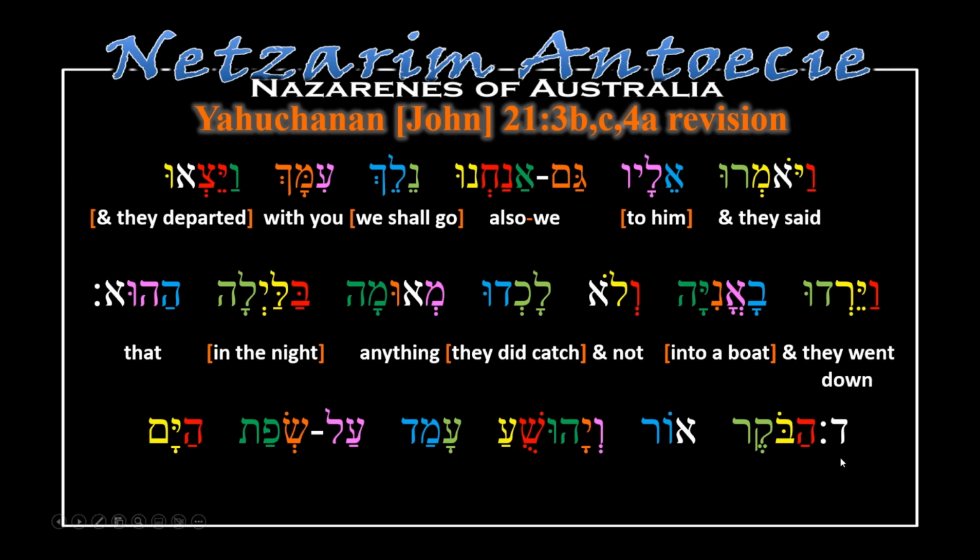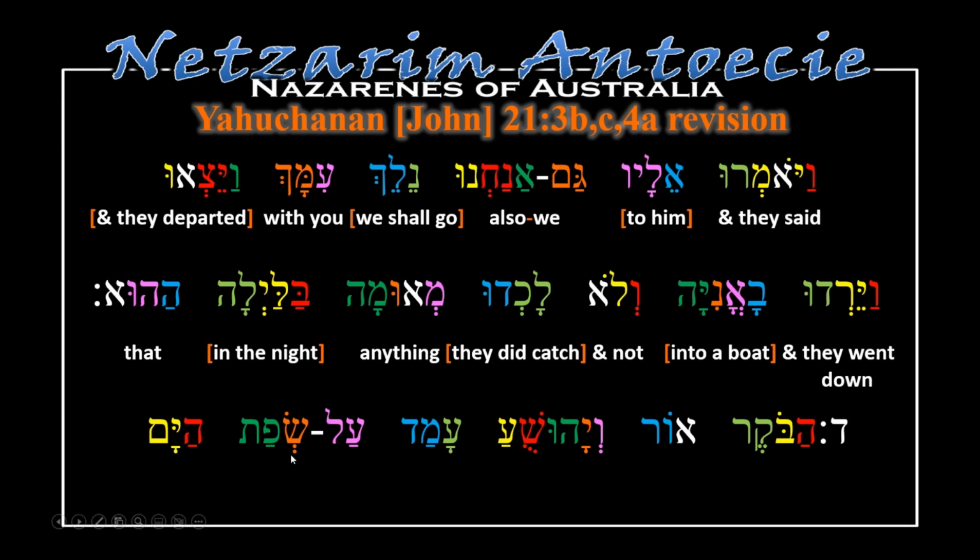And then we have a dalet, which is value of 4 because it's the 4th letter of the alphabet. Ha-boker, the morning or light, and I've added still was. Ve-Yahushua, and Yahushua, Amad, he stood.